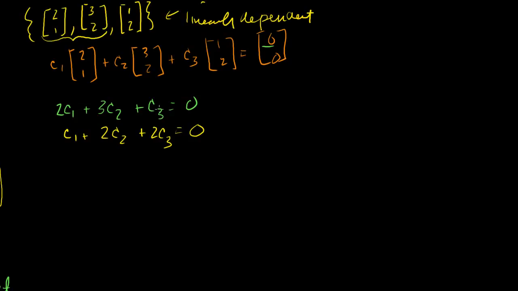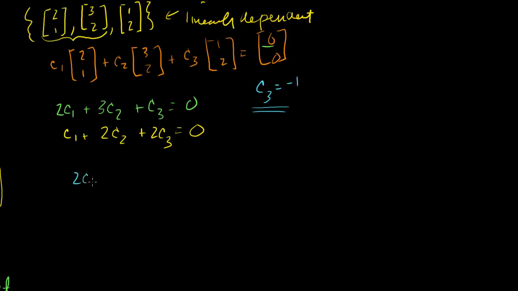Look, I can just pick some random c3. Let me pick c3 to be equal to -1. So what would these two equations reduce to? If you have 3 unknowns and 2 equations, it means you don't have enough constraints on your system. I just picked that out of a hat. I could have picked c3 to be anything. But if I set c3 to be equal to -1, what do these equations become?